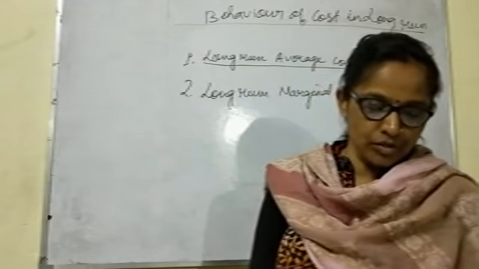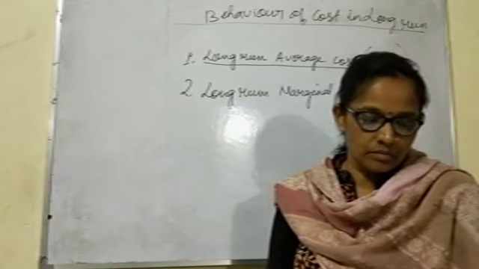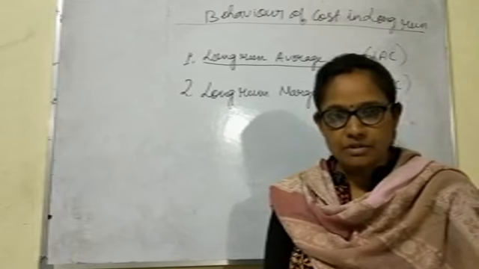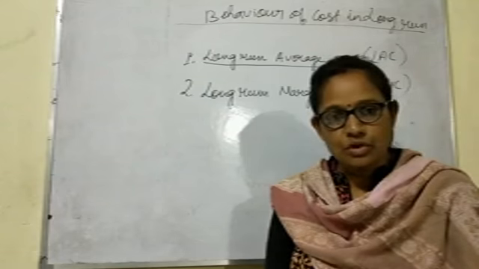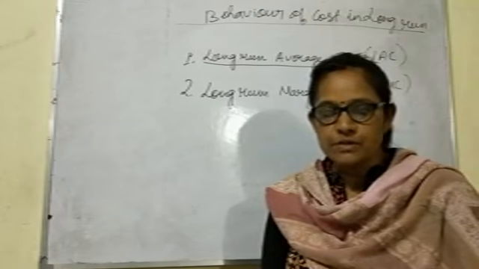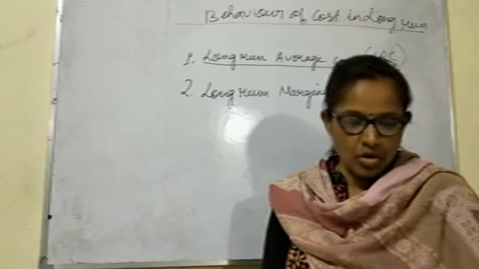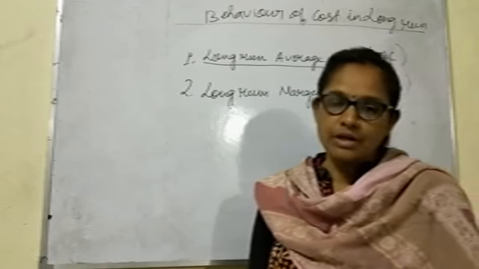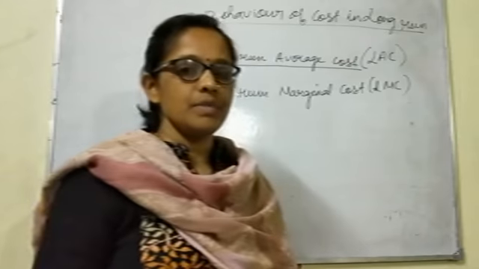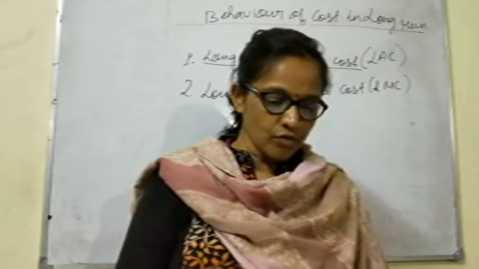Full stop. Now write down the meaning of long run marginal cost curve. Addition made to the total cost when an additional unit of output is produced is called long run marginal cost curve. Full stop. So this much only is in your syllabus in the behavior of cost in the long run.